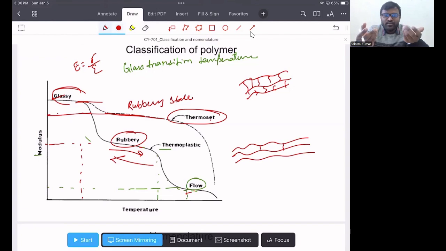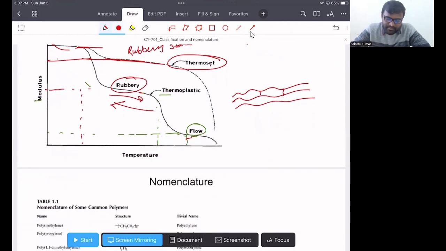So you can do this conversion from soft to hard, hard to soft many times. This is an example of thermoplastics. However, thermosets are different. For example, we have a chair in our home. You cannot make the hard plastic soft and remold it again. This is an example of thermoset materials.